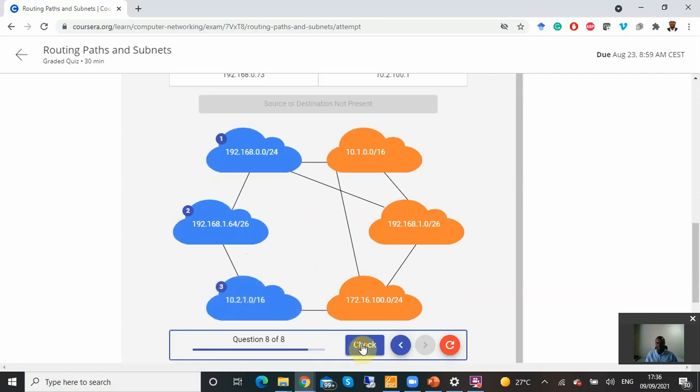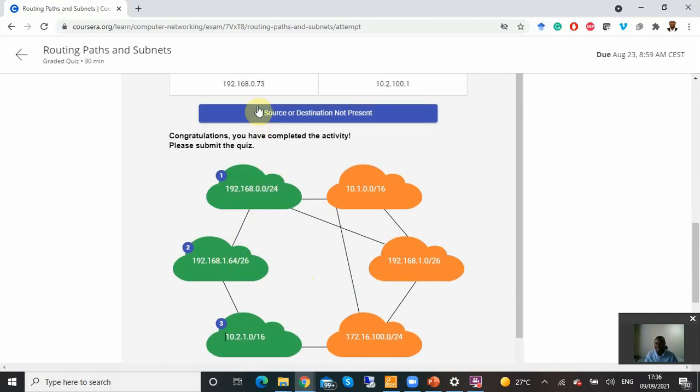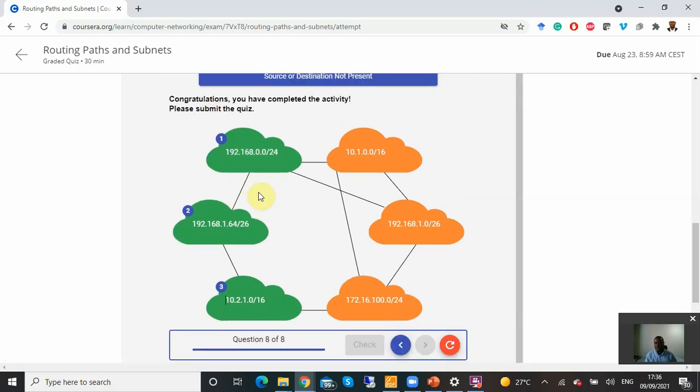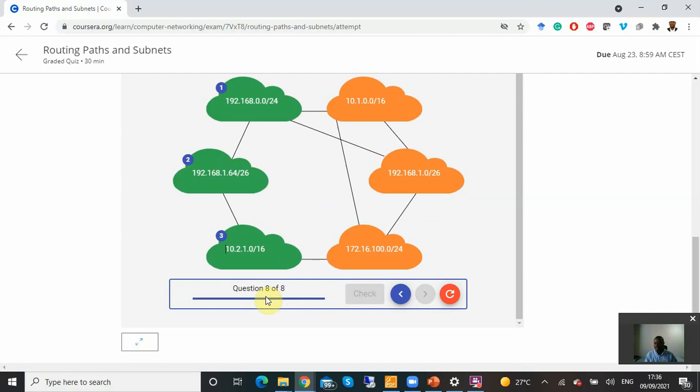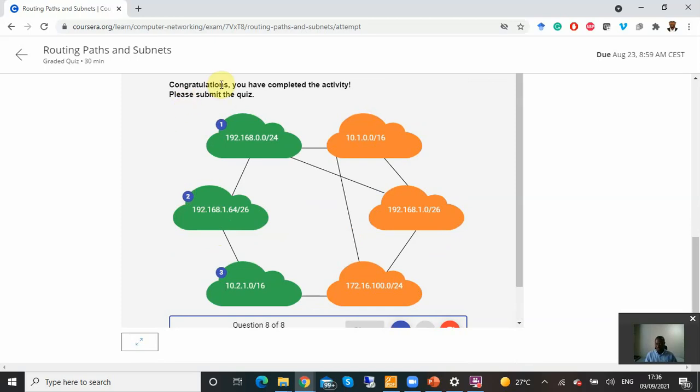Let's check. You can also see it turned green. Remember what I said, 73 and 0 are not very far apart. So that is the correct path for this. As you can see, we never failed once. We got 8 out of 8 without trying a second time. And we have congratulations, you have completed the activity.